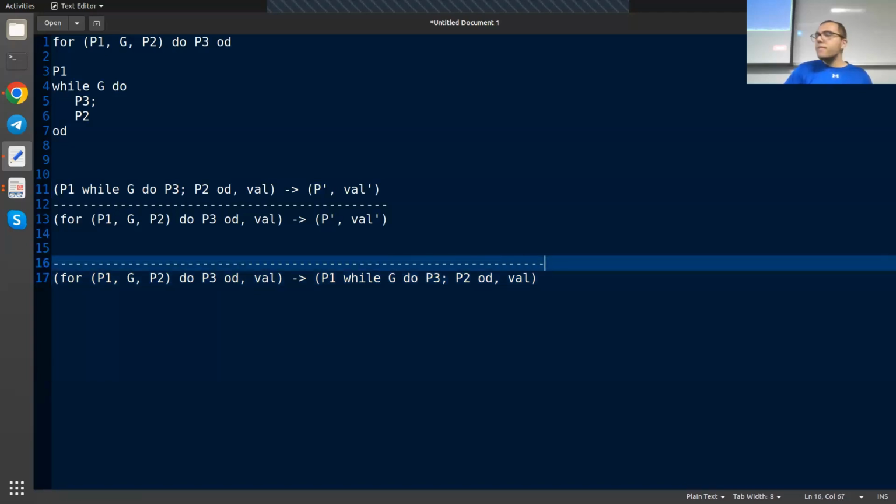We can also define our semantics like this. So I can say whenever I see a for, in one step of execution, I just rewrite my for as a while. And then I continue executing the while.